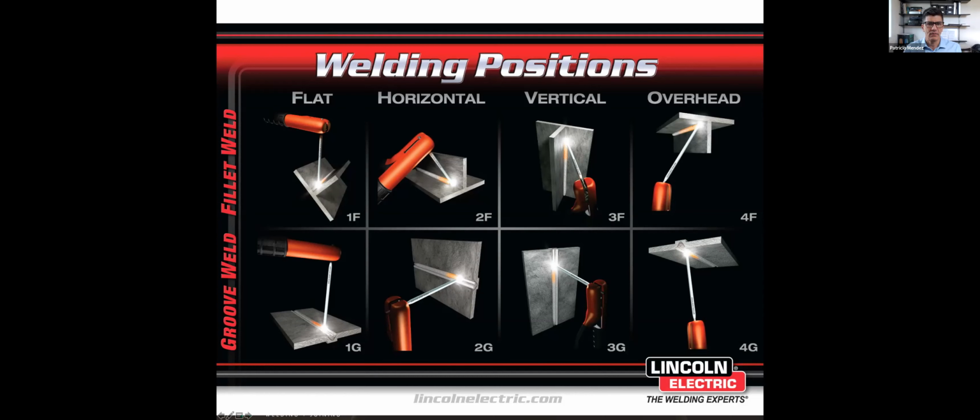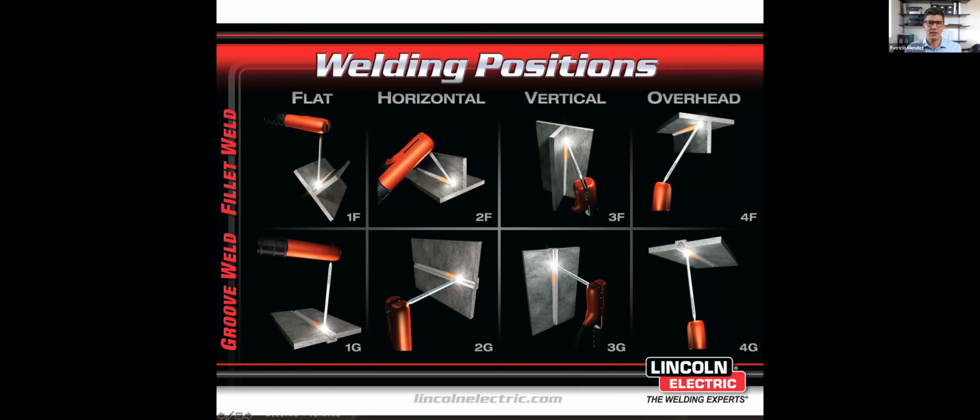When the fillet is horizontal and we weld like this, there are numbers. For flat, we have number 1, and F means fillet. When it's horizontal, we call it position 2, 2F because it's a fillet.